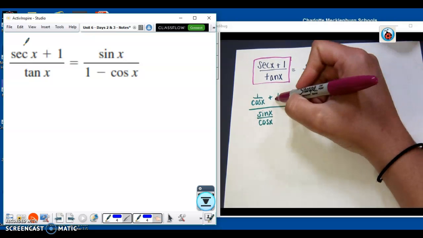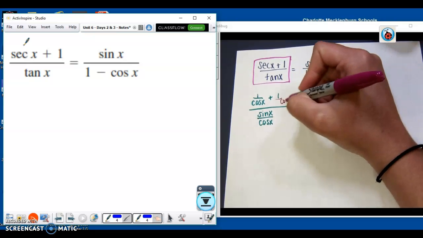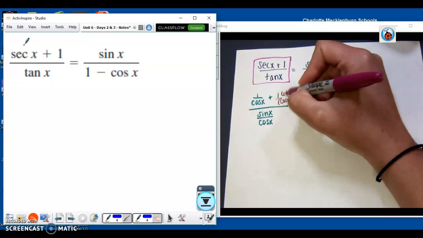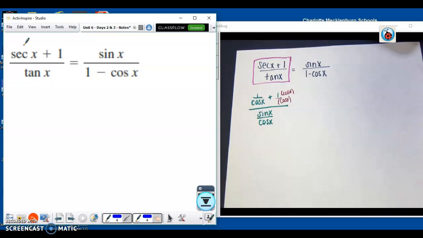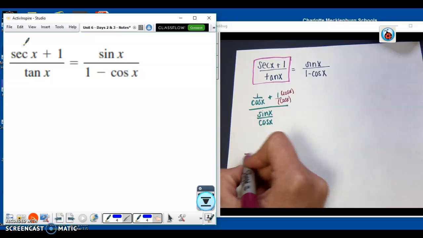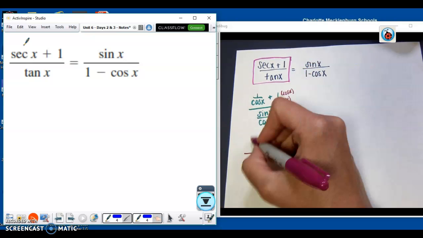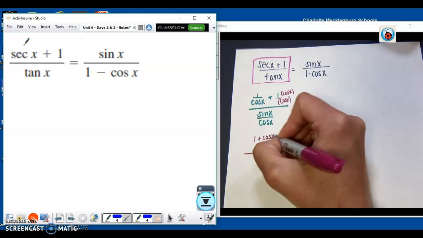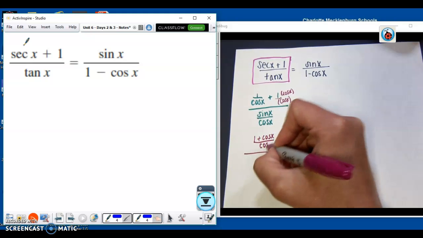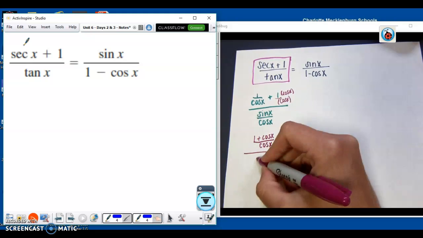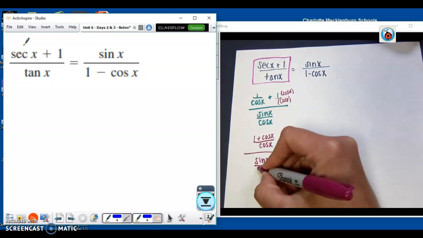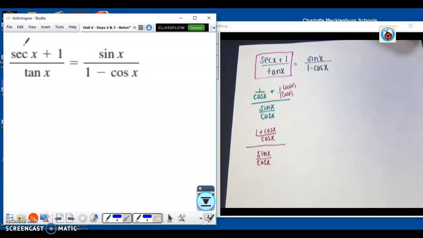So if I make this into a fraction, the denominator is missing cosine x. I'm going to put cosine on bottom and top. So this would be 1 plus cosine x. And then the same denominator they have is cosine x.